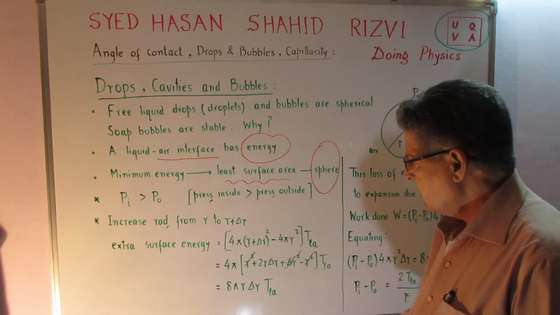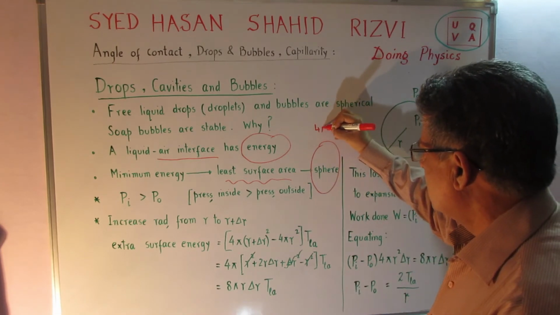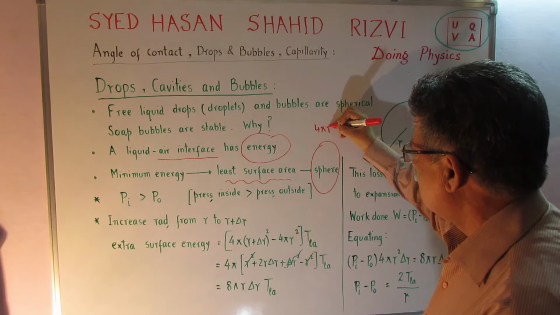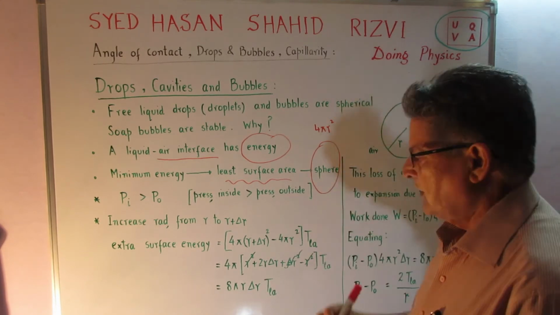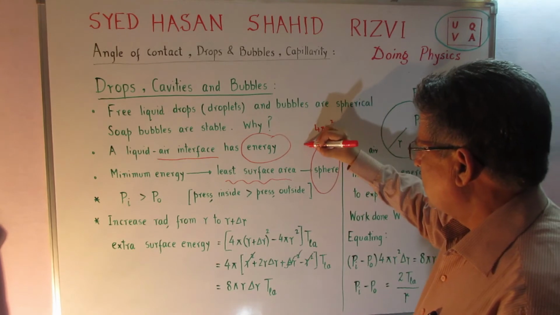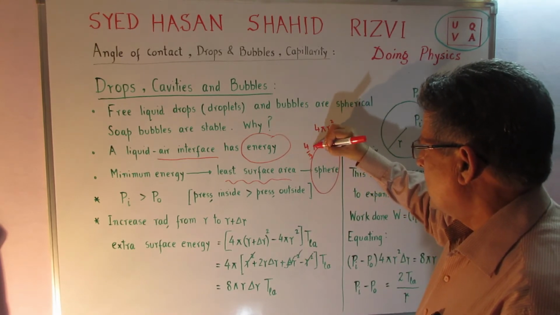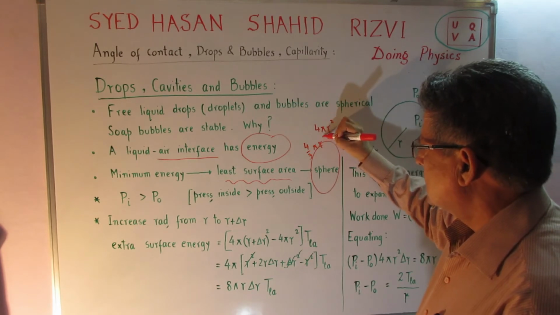The area 4 pi r square of this is the minimum area for a given volume, which will be in this case 4 by 3 pi r cube.